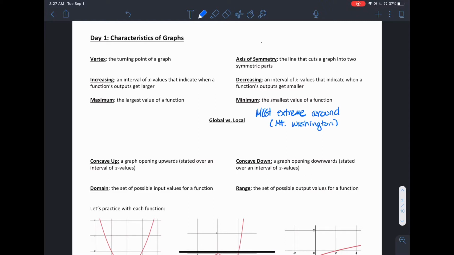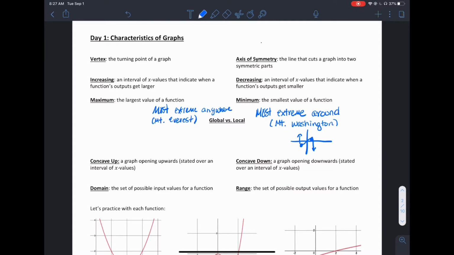Whereas a global maximum or minimum is the most extreme anywhere. So I like to think of it as Mount Everest. A local max or min might look something like this. If we have a graph that just kind of bounces up and down, these guys right here.